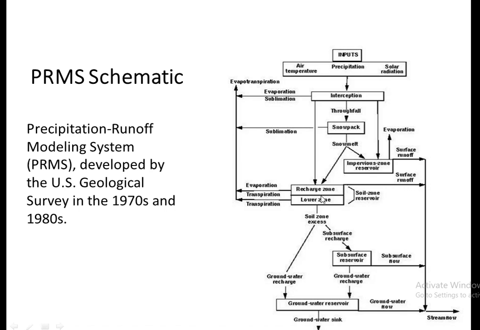Some go to the recharge zone, some evaporation, transpiration, soil zone access, groundwater recharge, groundwater reservoir, groundwater sink, subsurface flow.